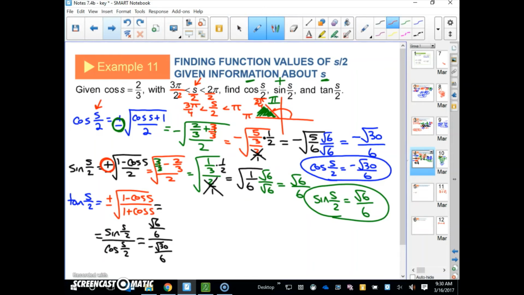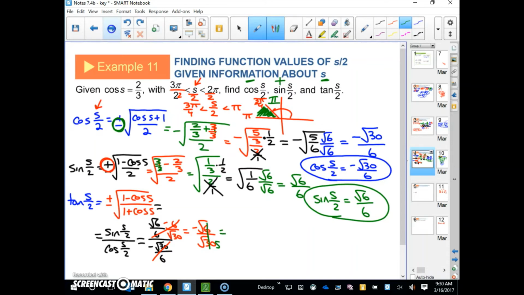So those 6's are going to cancel out. If you want to think about it as multiply by the reciprocal, it's pretty obvious why the 6's cancel out. We have negative square root of 6 over square root of 30. And we can rationalize that. Actually, we can reduce a fraction. 6 goes into 30 5 times, because you know you could reduce that way.